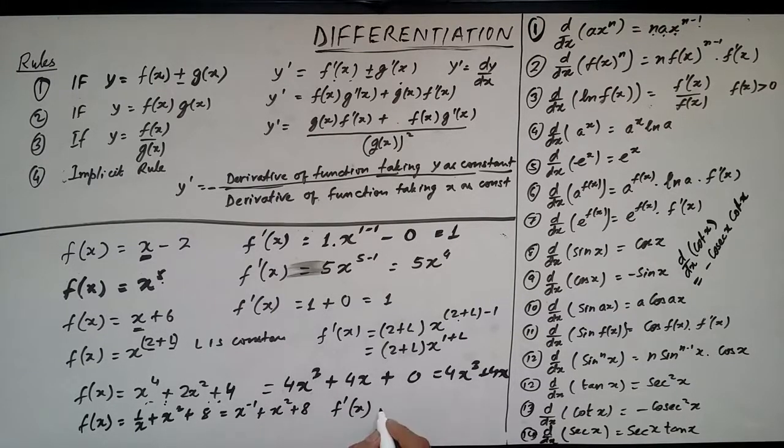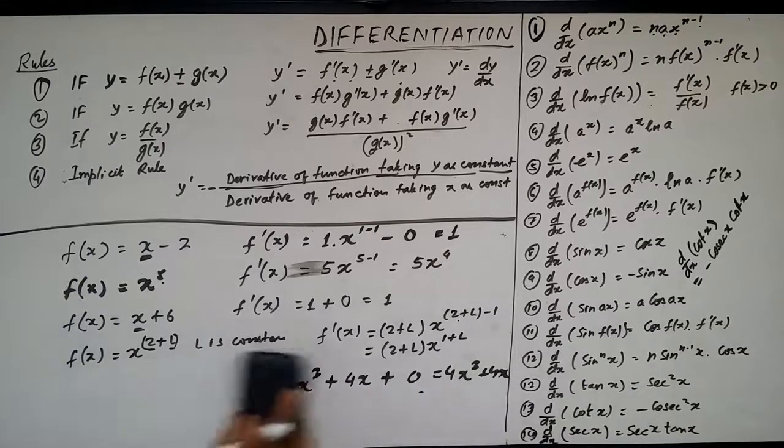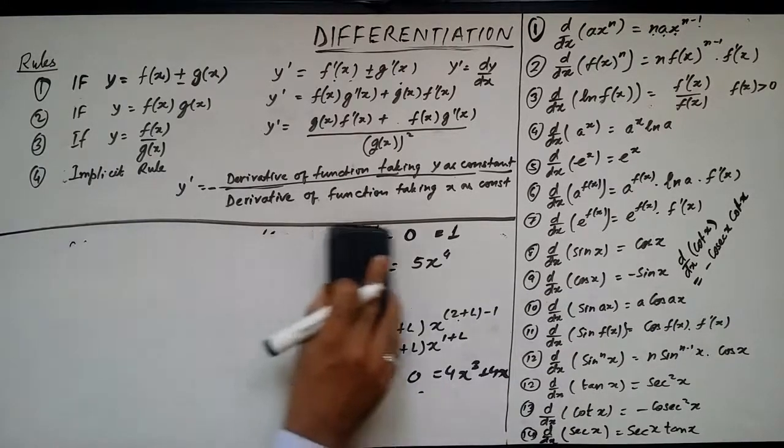This is minus 1 into x to the power minus 1 minus 1, which is minus 2, plus 2x, 2 multiplied by x to the power 2 minus 1, which is 1, so x to the power 1 is x, plus 0. So the answer is minus 1 upon x squared plus 2x. So these are some of the simple problems on differentiation.